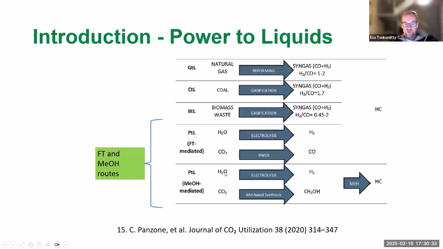Methanol synthesis utilizes water and carbon dioxide as the Fischer-Tropsch one. There is the similar electrolysis producing the hydrogen, but the carbon dioxide is not converted by water gas shift, but in the actual methanol synthesis step. And then it can be reformed still further to HC. This refers to hydrocarbons.